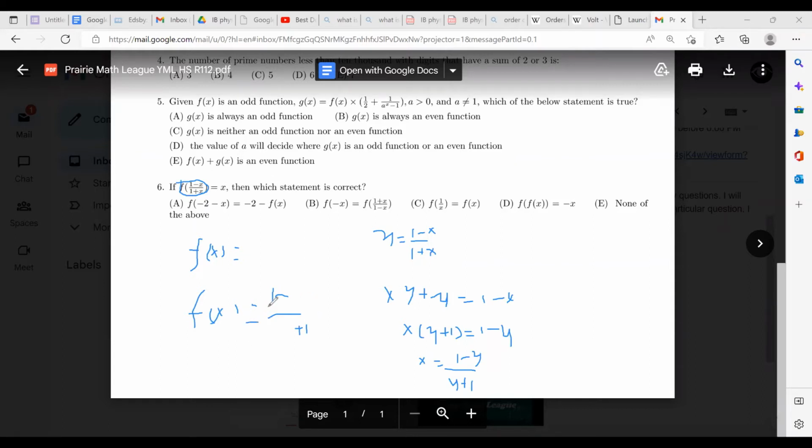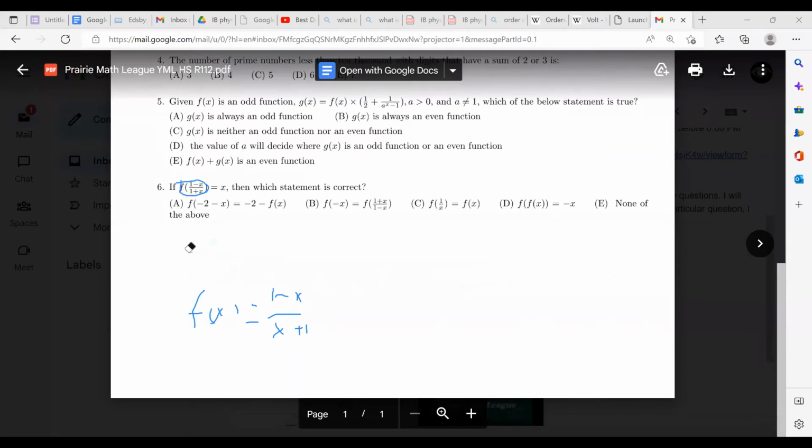So let's just replace y with x. Now we want to see which of these 4 statements are true. So let's start off with the first one.